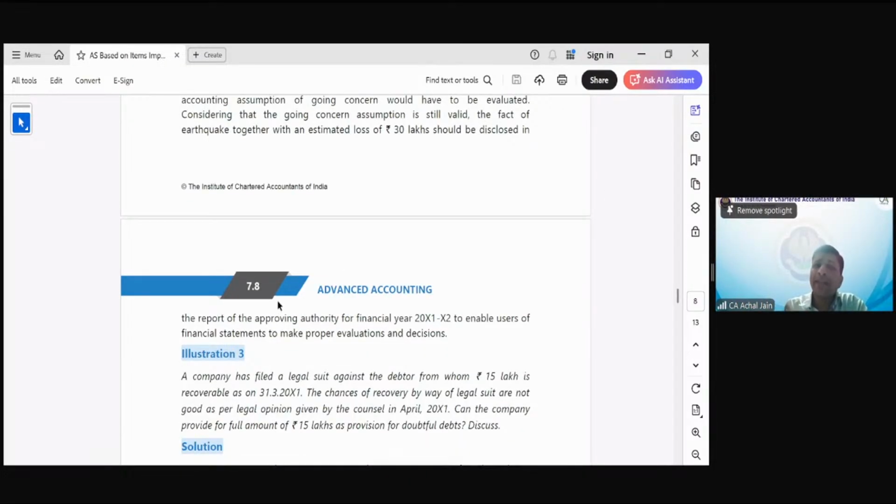What is the reporting year? Year ended 31st March X1. So the point is, should we say that it's an adjusting event or not? Over to you, quickly. Tell me quickly, is this an adjusting event or not?